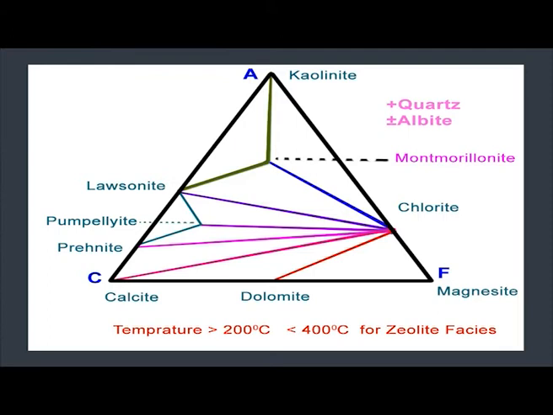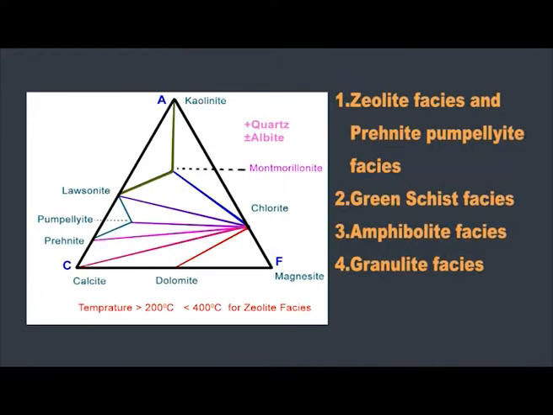With this background, we can describe the different metamorphic facies of regional metamorphism in the order of increasing temperature under intermediate pressure condition. First, zeolite facies and prehnite-pumpellyite facies. Second, greenschist facies. Third, amphibolite facies.